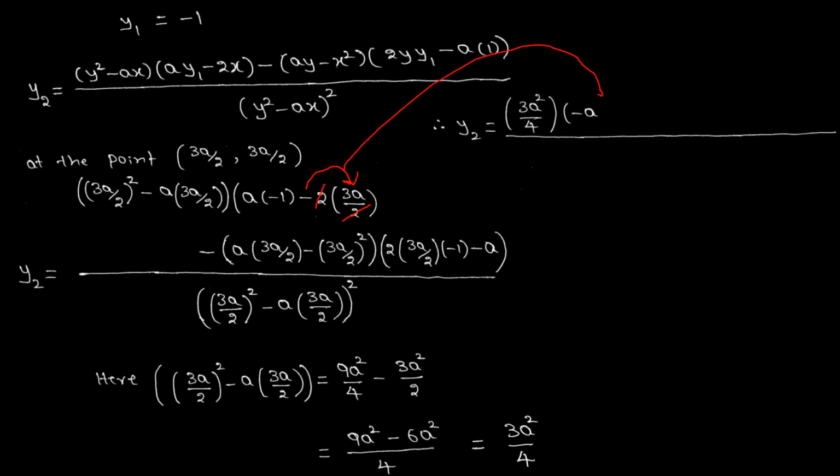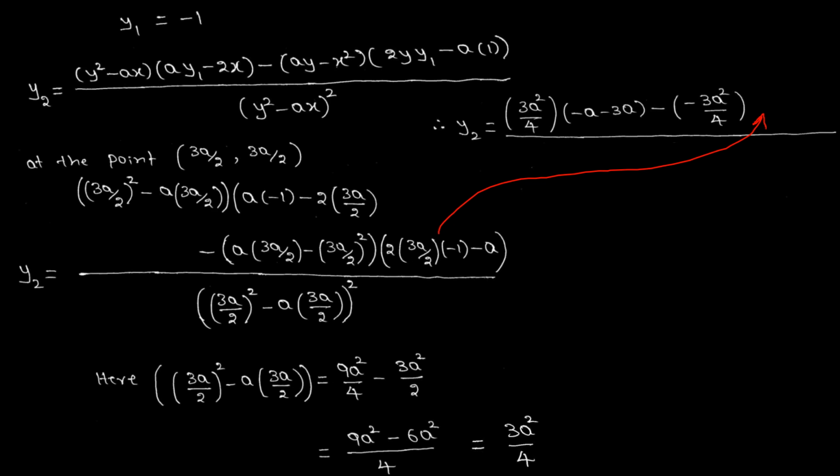We'll write here minus the same term with negative sign. Yes, we have put minus 3a square by 4. Let us simplify this now. Here you can see 2 and 2 get cancelled. This will be minus 3a.